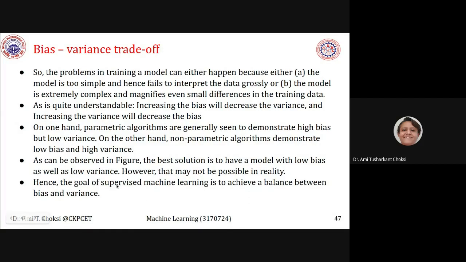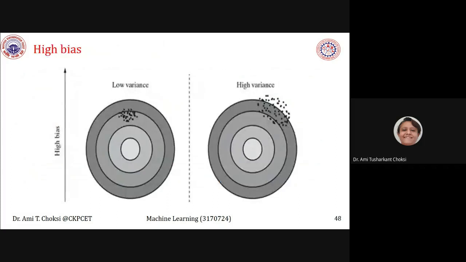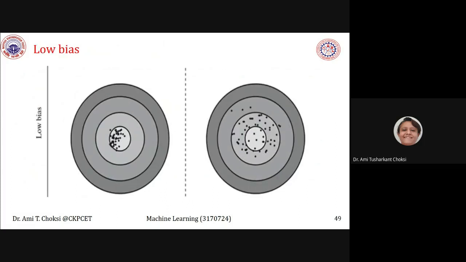Hence, the goal of supervised machine learning is to achieve a balance between bias and variance, right? What we can see is the best solution is to have a model with low bias as well as low variance. However, that is not possible in reality. The figures we have seen.